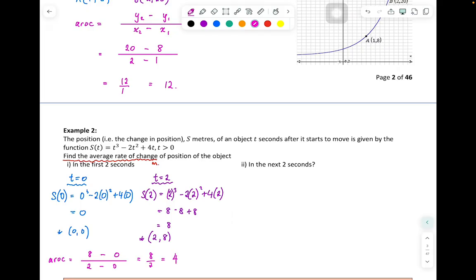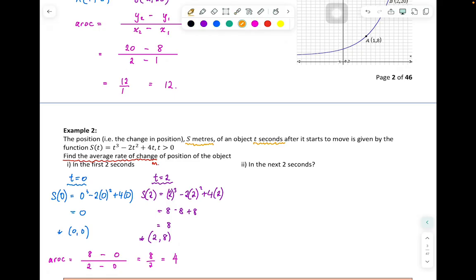Now, it's not okay in this particular context if we just leave our answer as 4. We need to look at the context of the situation here, which is alluding to the idea that we are talking about meters and seconds. Because we did our gradient, which is a rate of change, we want to show how quickly the meters change with respect to our seconds. So what does this 4 here actually mean?